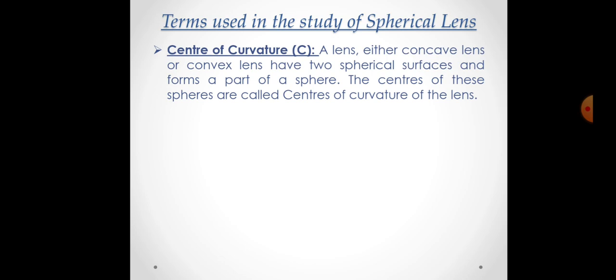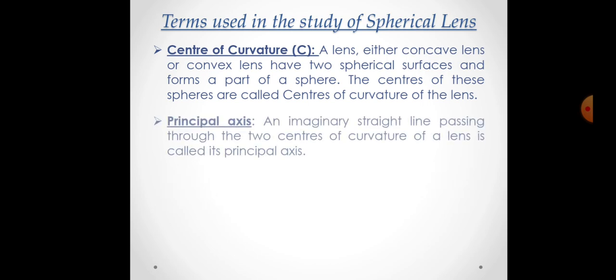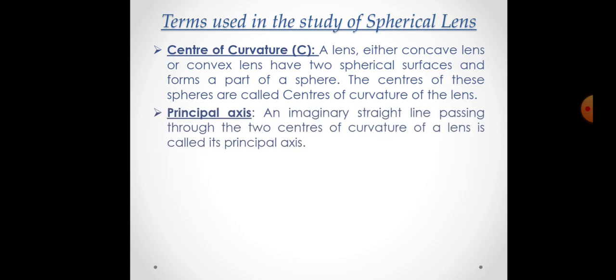So in case of spherical lens, there are two centers of curvature. Next is principal axis. An imaginary straight line passing through the two centers of curvature of a lens is called its principal axis. Okay, this is quite simple.